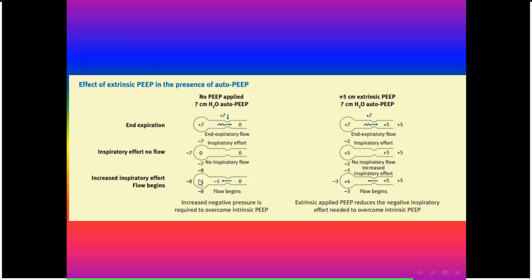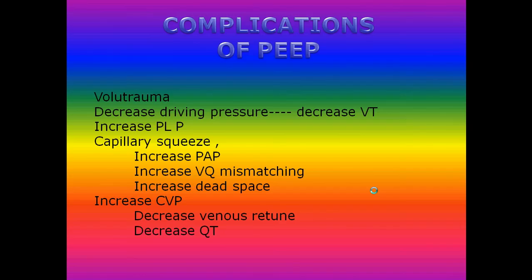So here the patient made an effort of about -8 in order to make a pressure gradient of 1, and here he made about -3 in order to make a pressure gradient of 1. So this is to be kept in mind in order to unload the patient while you are ventilating your patient.